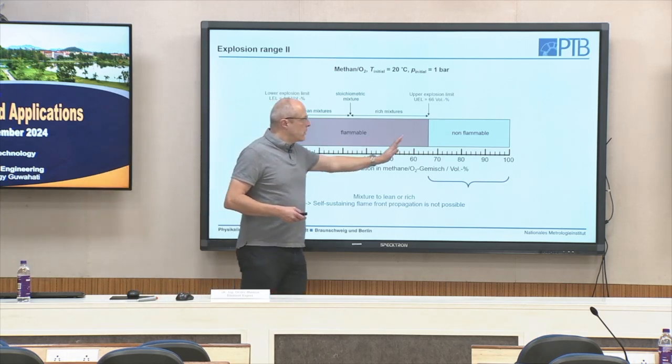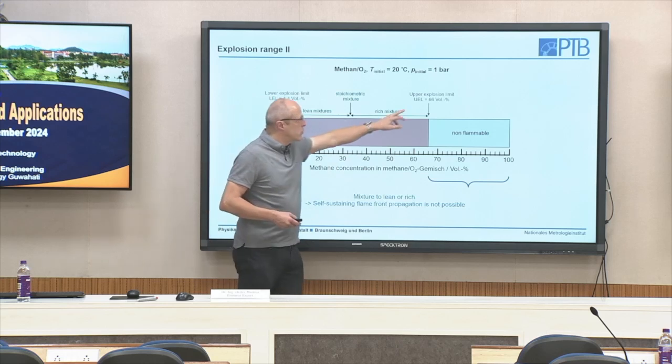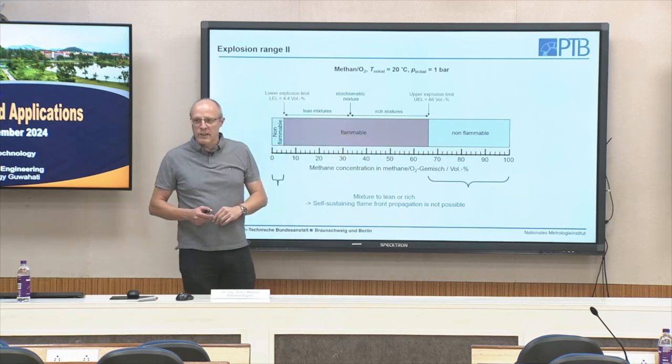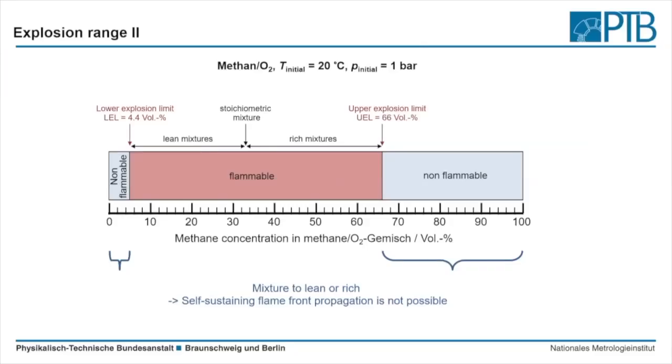When we use methane and oxygen, you can see that if there is no nitrogen, we have a much broader range, from 4.4 up to 66 volume percent of oxygen. Of course, if you have to deal with combustible oxygen mixtures, you always have to be very, very careful.